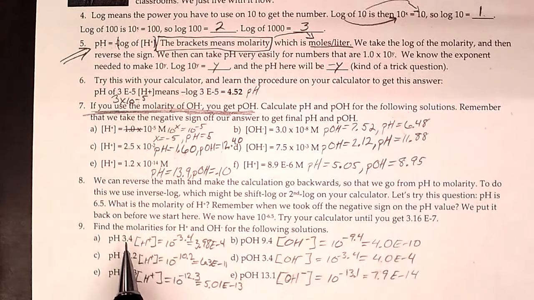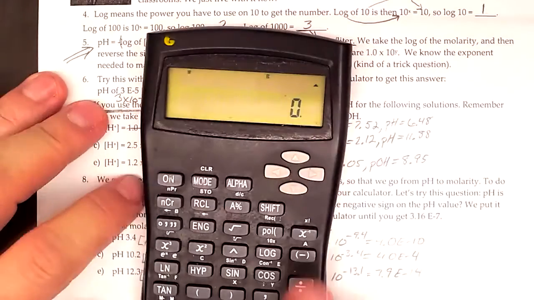So if I want to generate the molarity from the pH that they told me, I'm going to remember that this is the exponent on 10, except the sign is wrong. So I'm going to use negative 3.4 as the exponent on 10. And I'll show you here. There's a couple ways to do it.